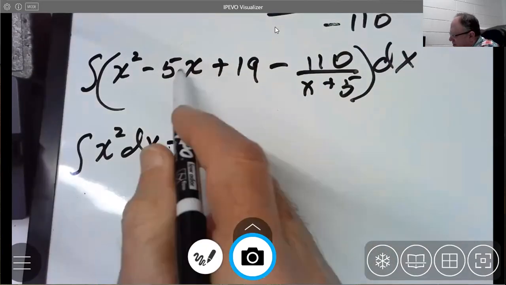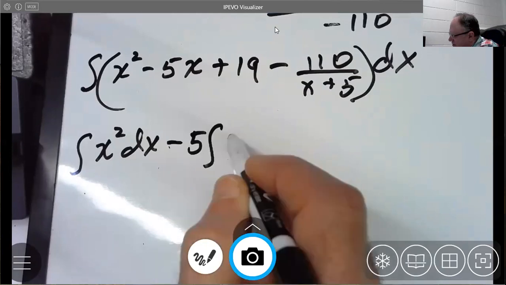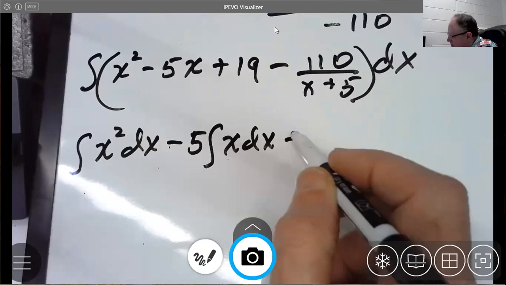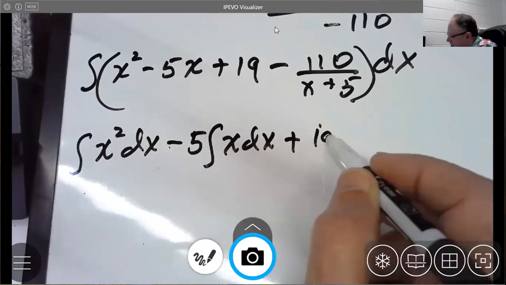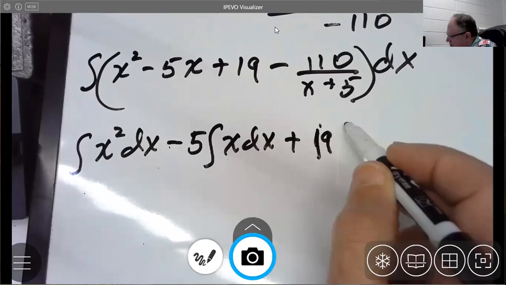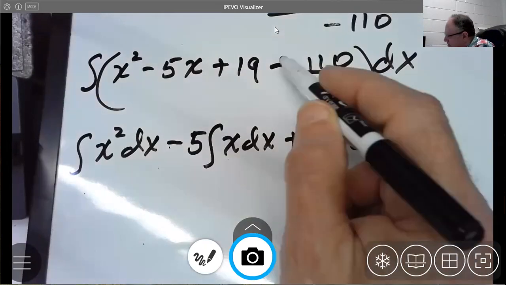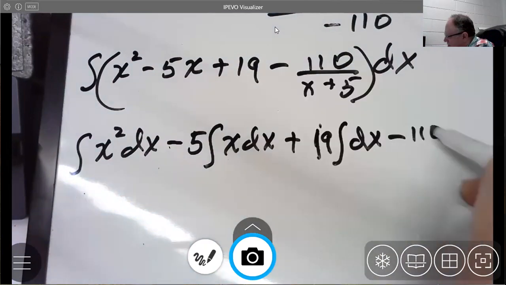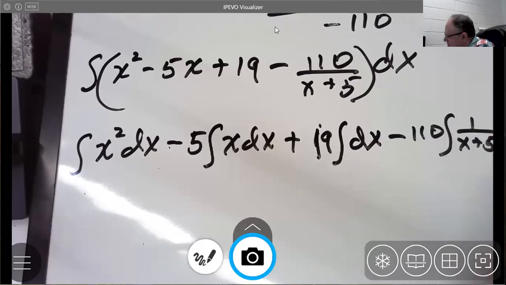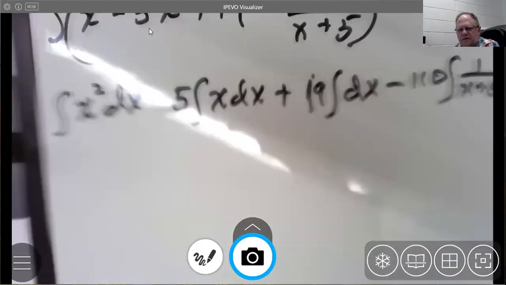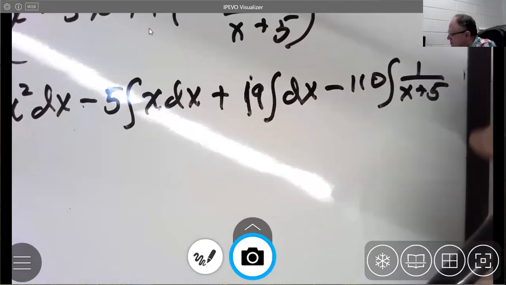Minus, the 5 can come out, the integral of x dx, plus 19 the integral dx, minus, and then this 110 can come out, the integral of 1 over x plus 5 dx.